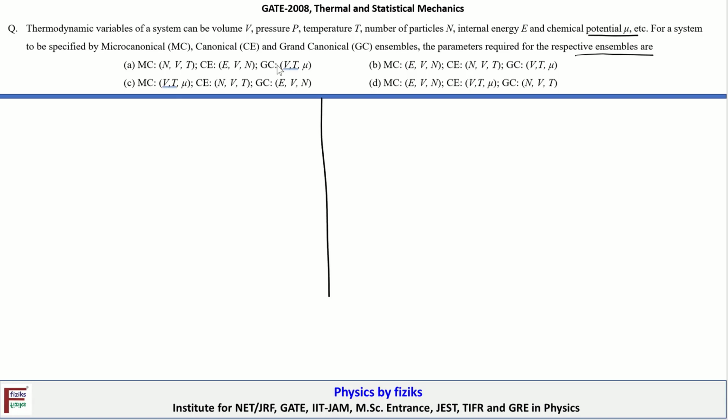Okay, so let's try to understand what kind of variables are held constant in these three different kinds of ensembles.